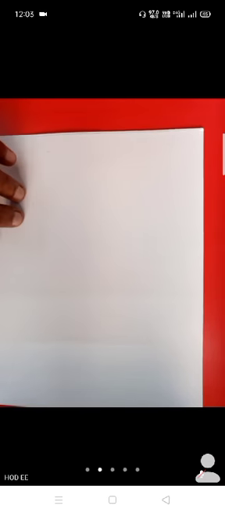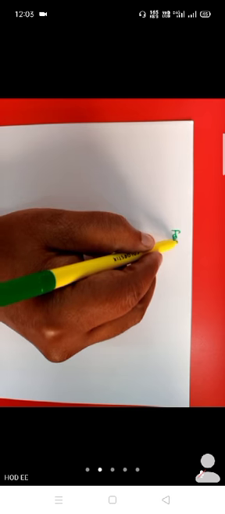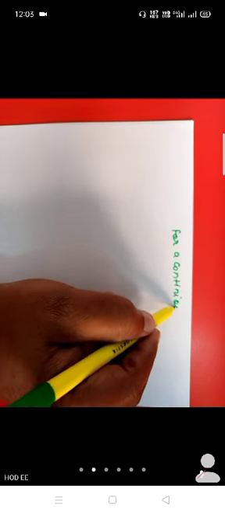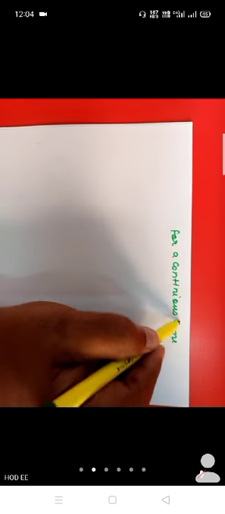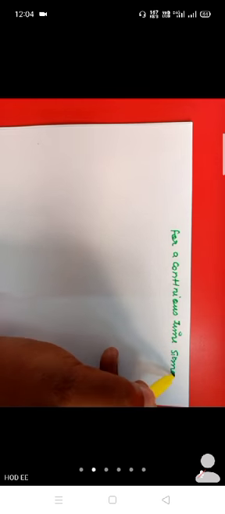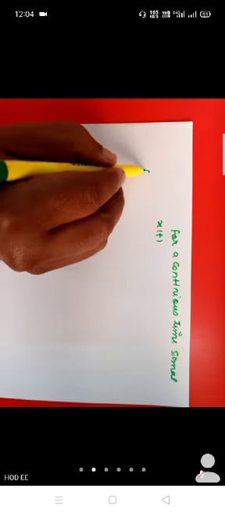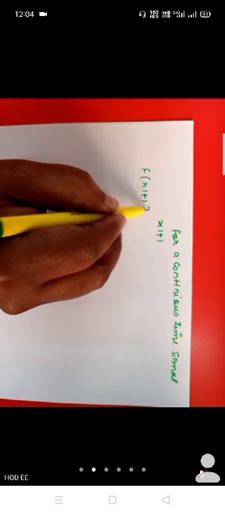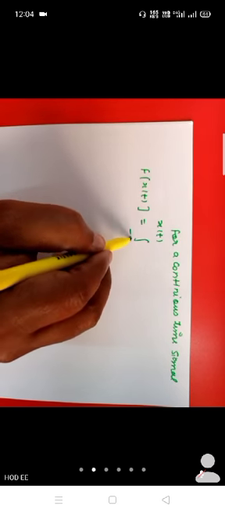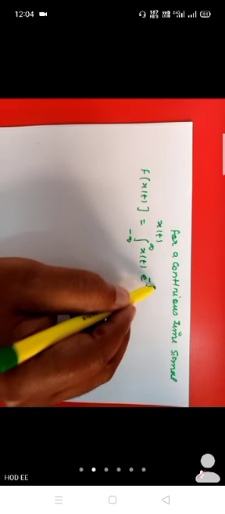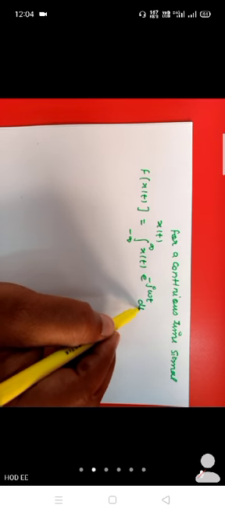In the previous lecture, we started the Fourier transform. For a continuous time signal x(t), the Fourier transform of x(t) is equal to the integral from minus infinity to infinity of x(t) e raised to the power minus j omega t dt.